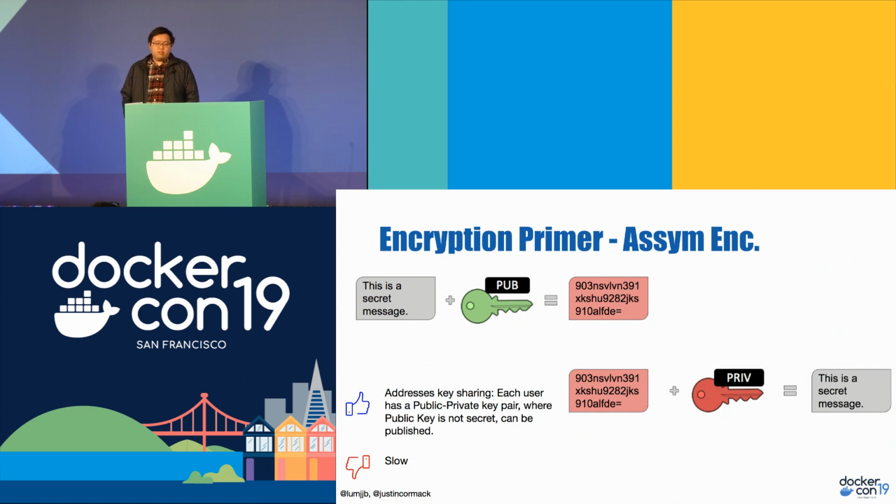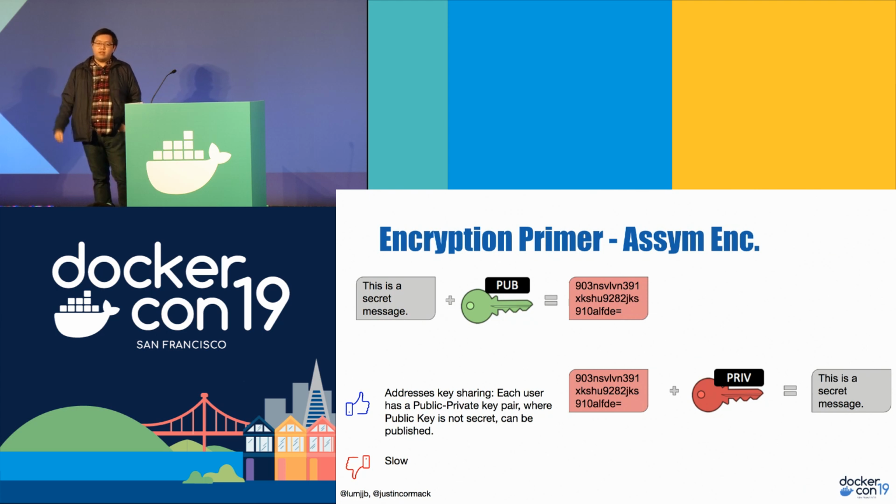Asymmetric encryption is pretty much the same setup, except that we have two keys. We have a key pair that consists of the public key and the private key. The idea, as the name suggests, is that it's asymmetric, so the key that you use for encryption and the key that you use for decryption are different. The great thing about asymmetric encryption is that the public key is not secret. I can distribute the public key to anyone that I want.